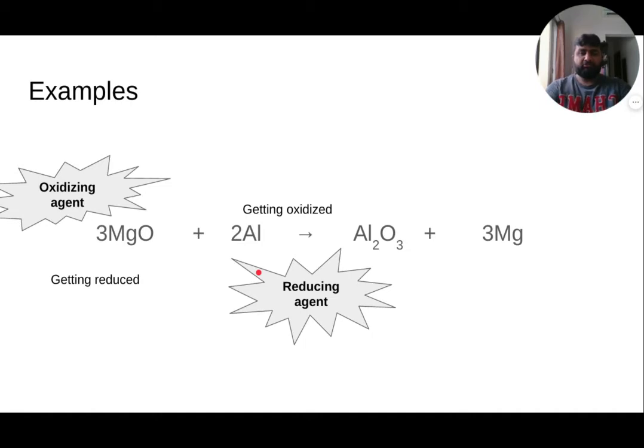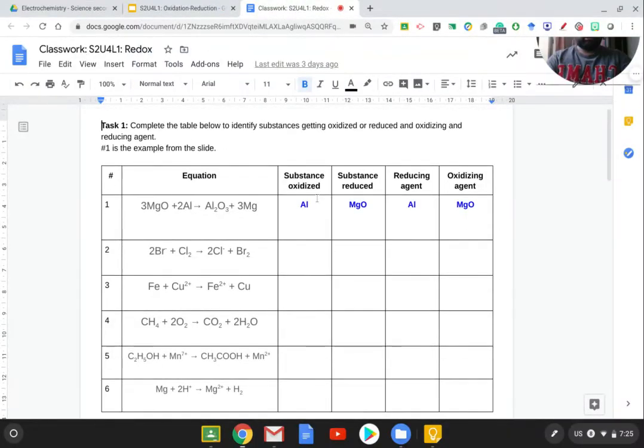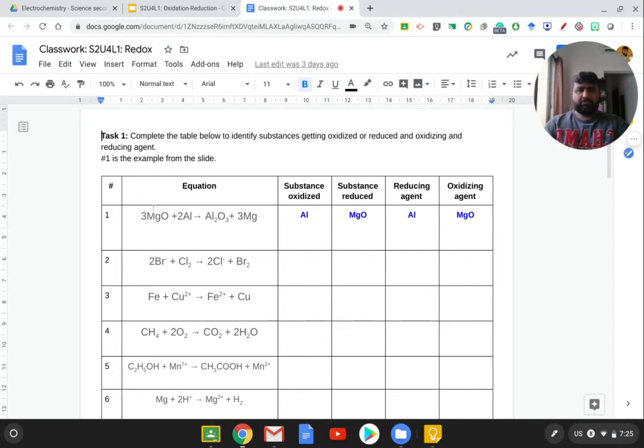Now all you have to do is go to your classwork document and open this task. You see this task? For the first one, I have already done it. The substance getting oxidized is aluminum, and the substance getting reduced is MgO. So the reducing agent is the one getting oxidized, and the oxidizing agent is the one getting reduced.